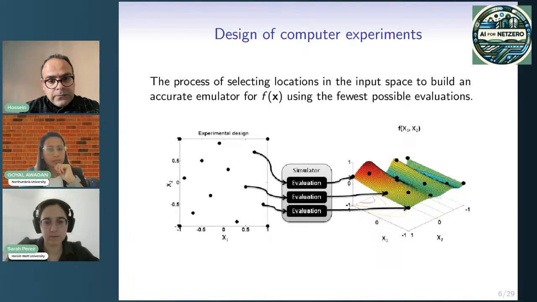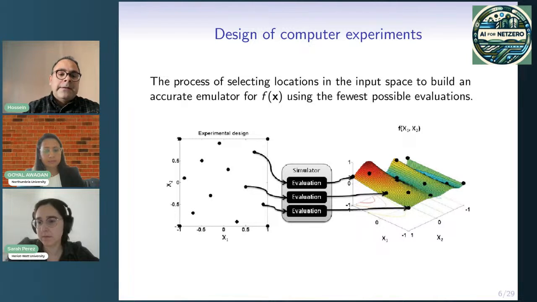Here you see a two-dimensional example where we have x1 and x2 as the input, and the black dots represent the points we have selected using a sampling plan.